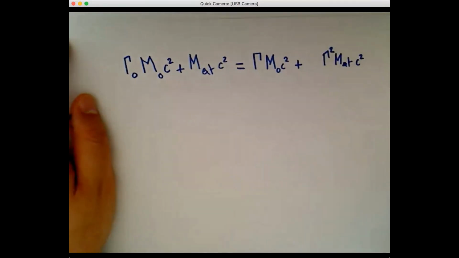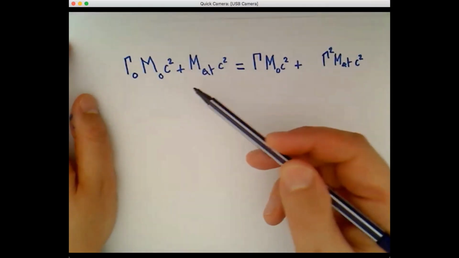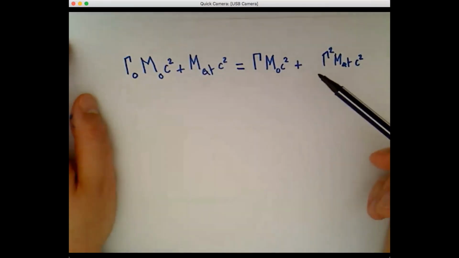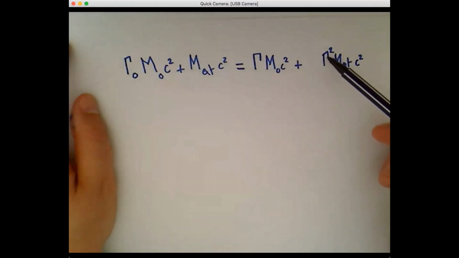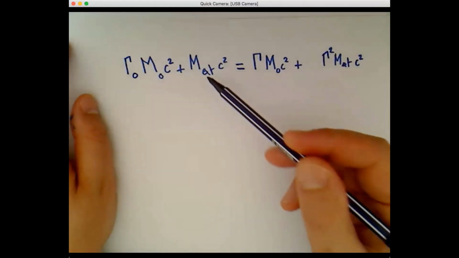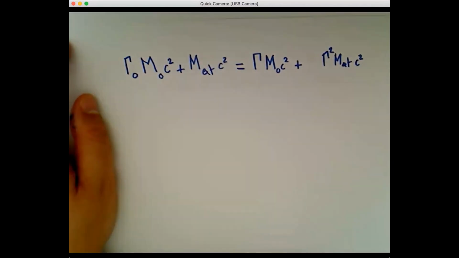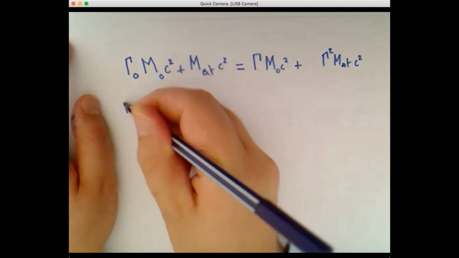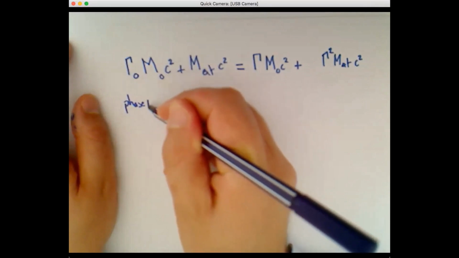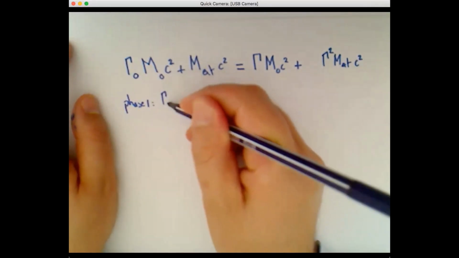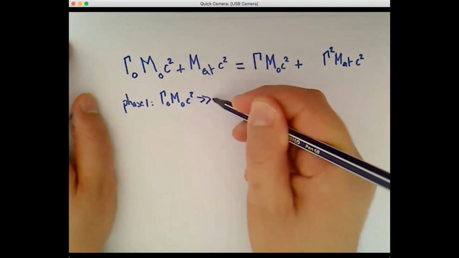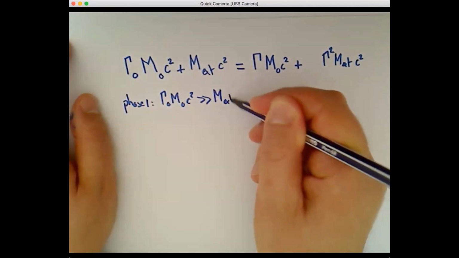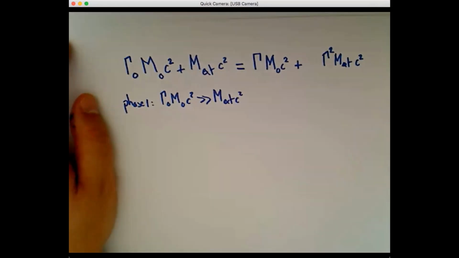So you see that depending on which term is dominant on the left and on the right side, you can have different regimes for the evolution of the Lorentz factor gamma as a function of the swept up mass mx. So first phase, the kinetic energy of the ejecta is much larger than the rest mass energy of the external medium.